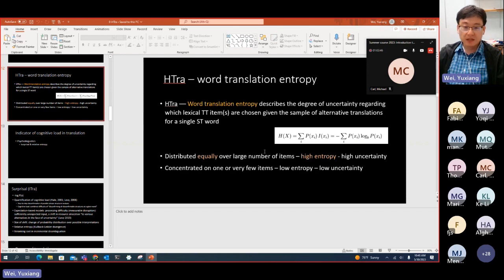If, however, we have a source text word that has multiple translations, A, B, C, and D, and the probabilities are concentrated on one or very few items, then the entropy value would be very low, and that means a low level of uncertainty in making that choice. So that's the basic idea.